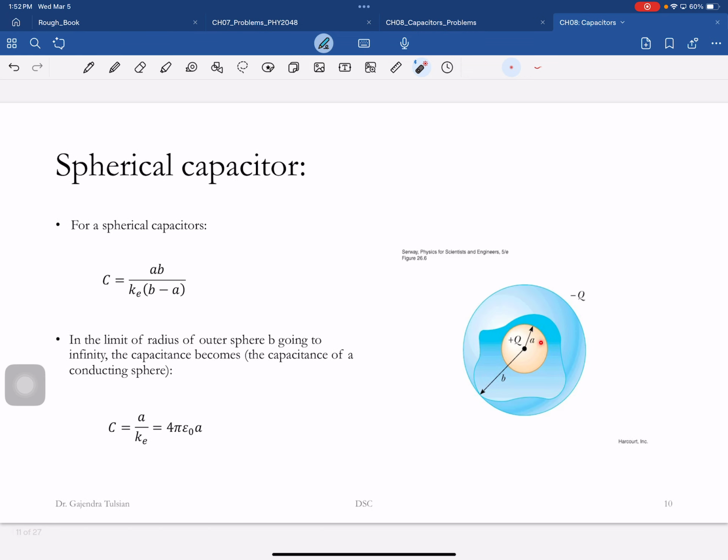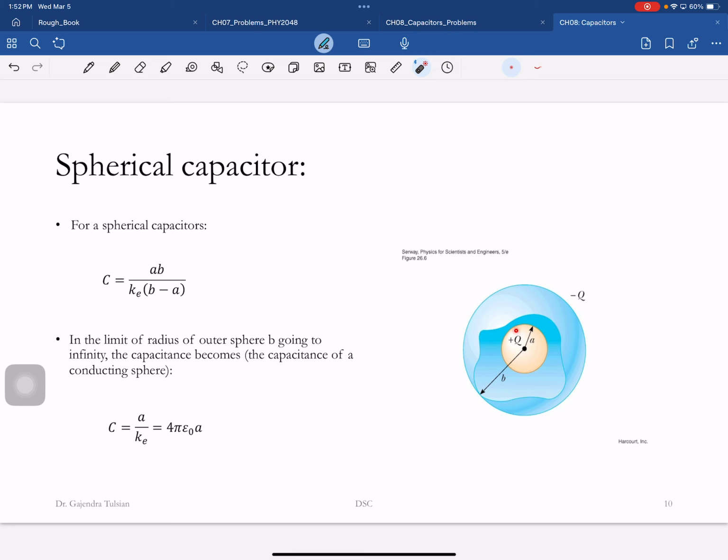You can have two concentric spherical surfaces, and the capacitance is given by that. a is the radius of the inner conductor, and b is the radius of the outer conductor. Now, here is what you can do. You can make b go to infinity, and this term reduces to that. b going to infinity is like not having this.